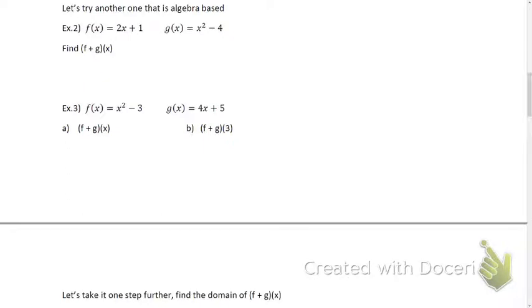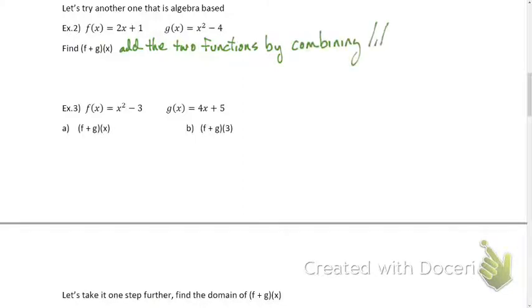If we want f plus g of x, this means combine the two functions, add the two functions, by combining like terms. So very simple, or I hope you think it's simple.